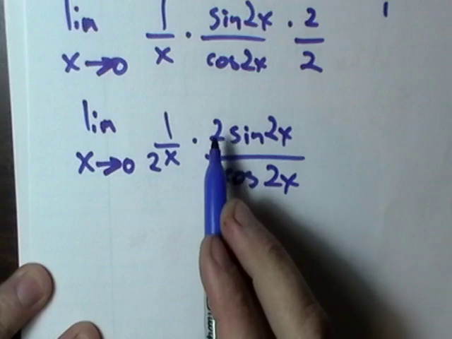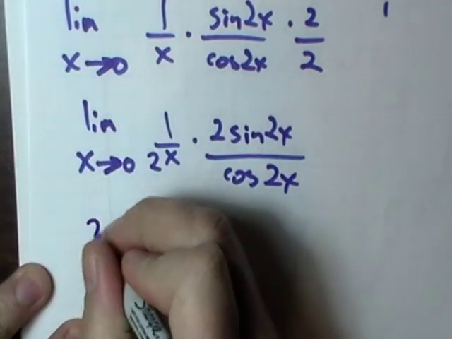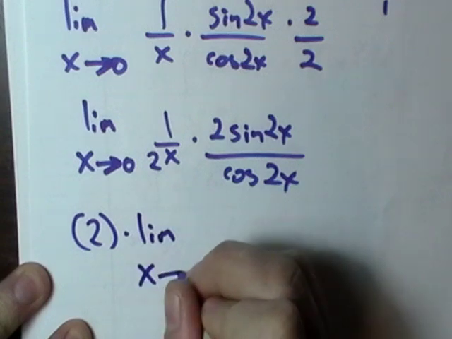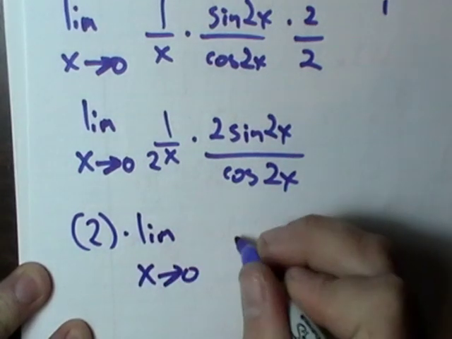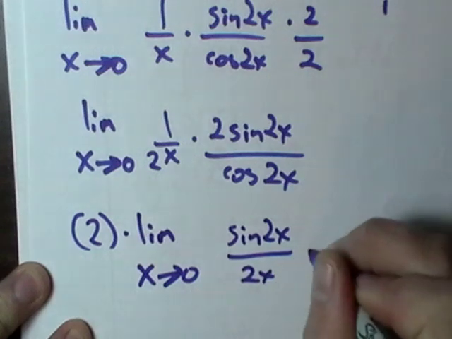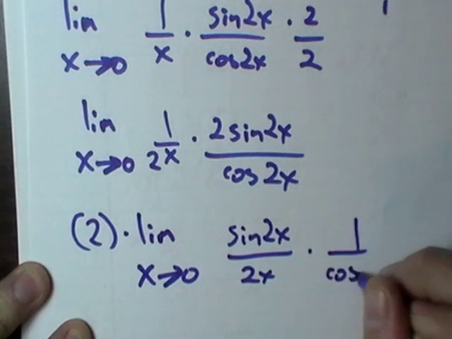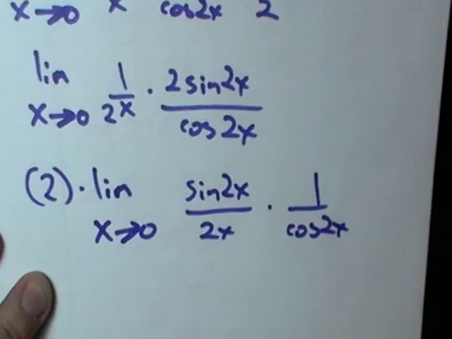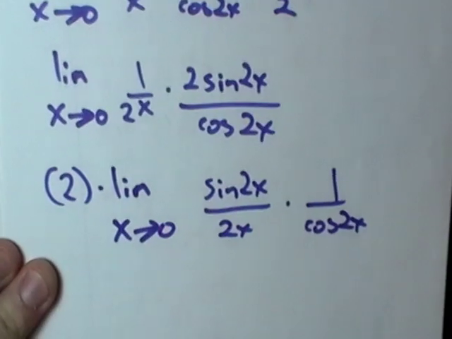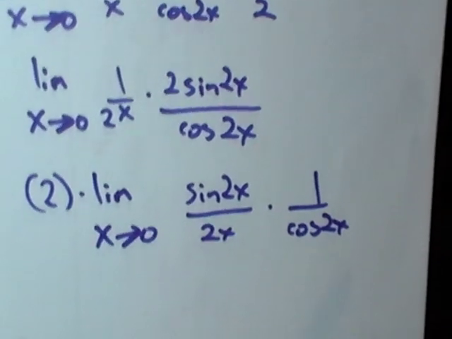Actually, what I'm going to do is pull this 2 out in front. Okay, now I ended up with this. I just rearranged everything. I pulled the constant out and rearranged everything.